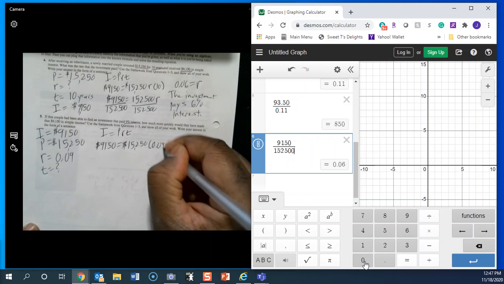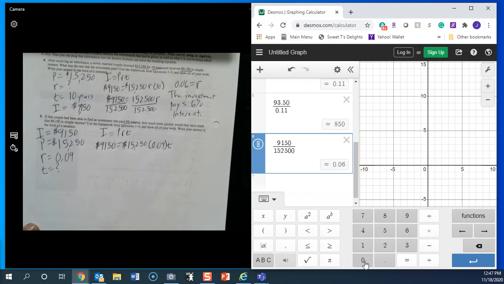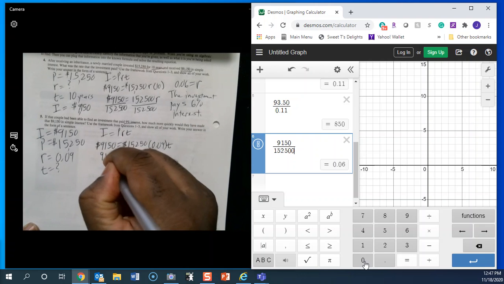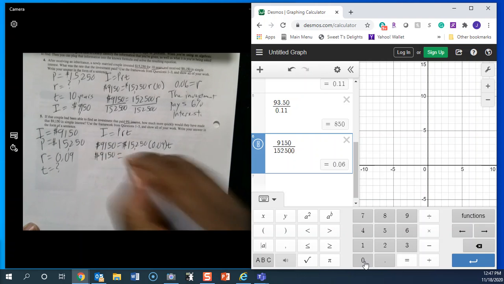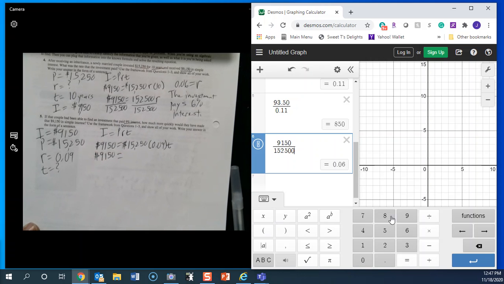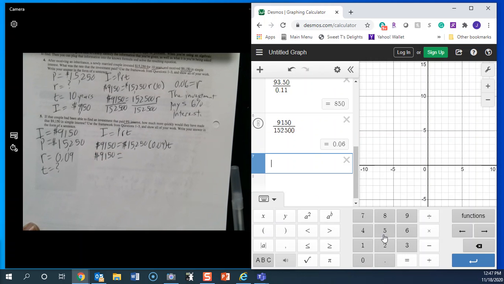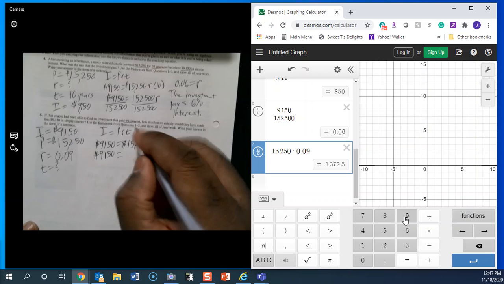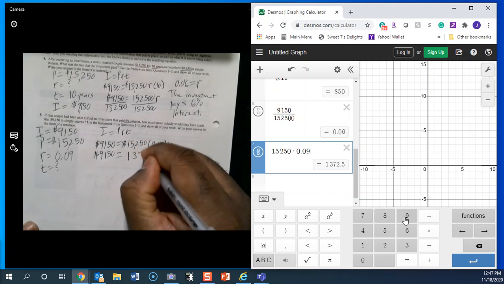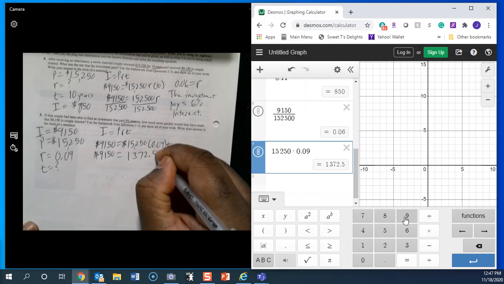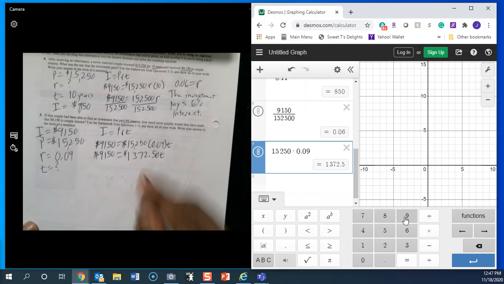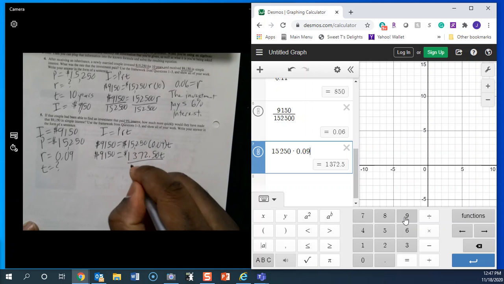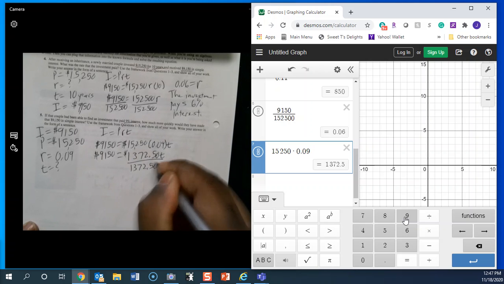The rate is 0.09 and then times T. So it'd be $9,150 is equal to, now if we take our 15,250 and multiply it by 0.09, we would get $1,372.50 times T. We divide each side by $1,372.50.